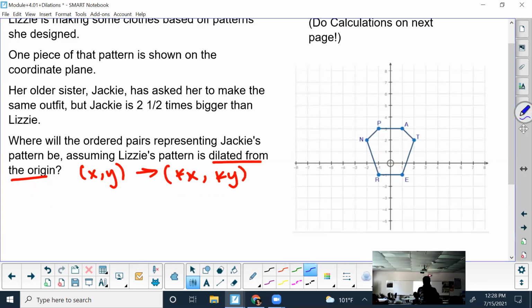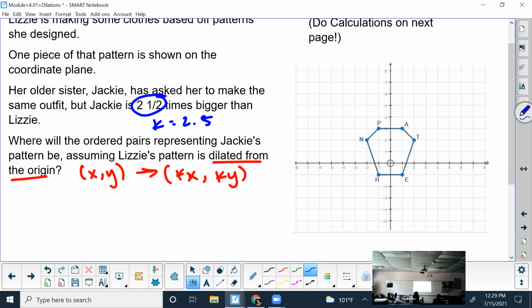So this time we didn't have to solve for the scale factor, it tells us. So k is going to be equal to 2.5. It does want all of the ordered pairs. So first we need to figure out what all the original ordered pairs are, and then apply that rule to each ordered pair to get the new image.